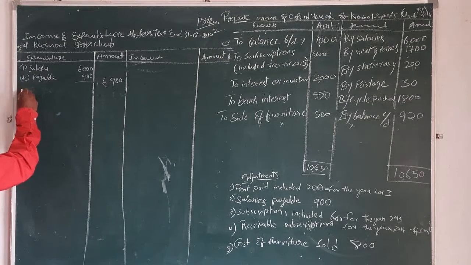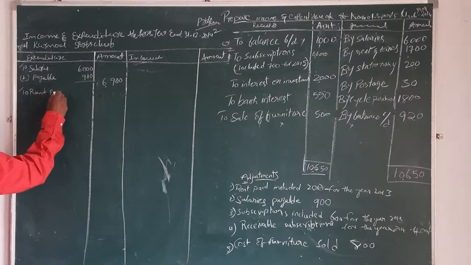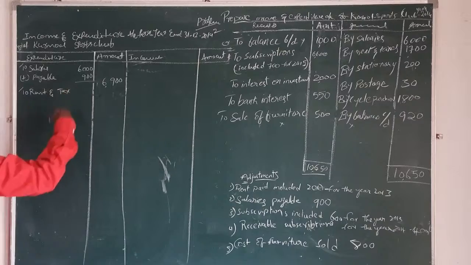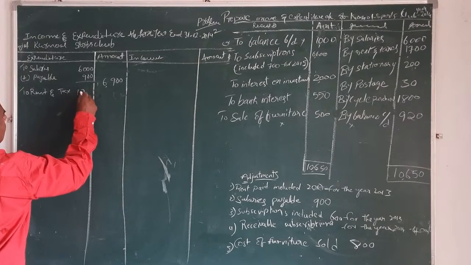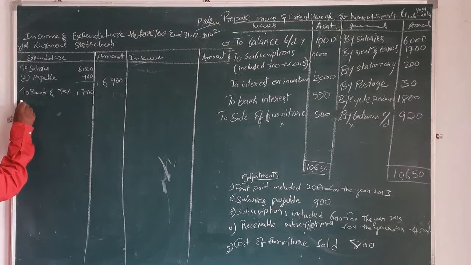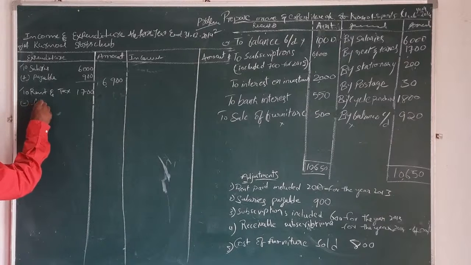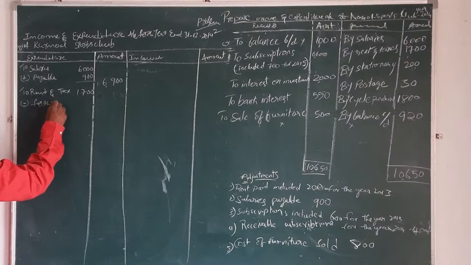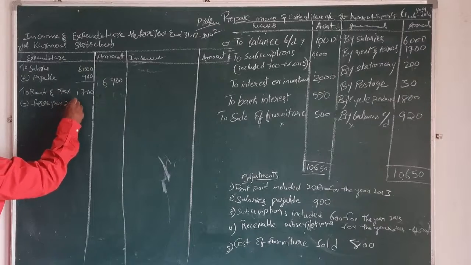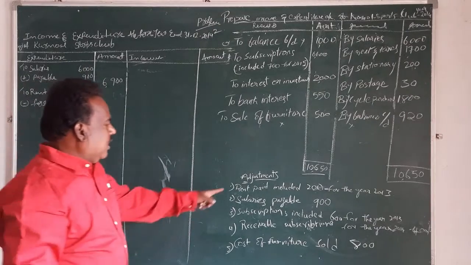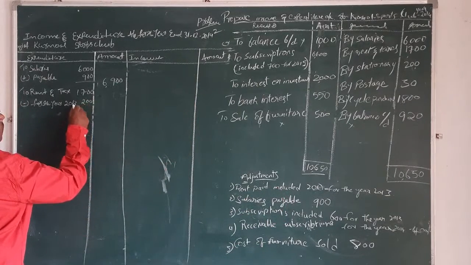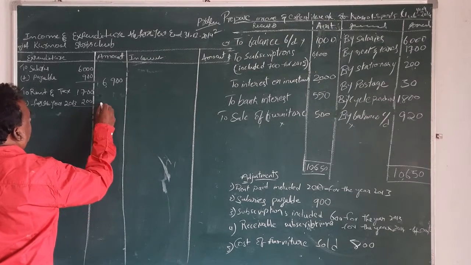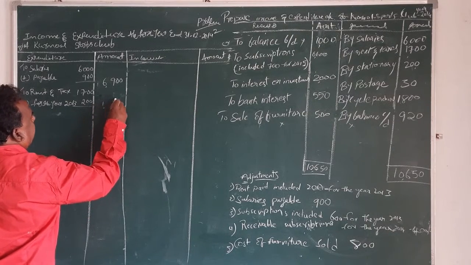To rent and taxes 1,700, minus for the year 2013 deducted 200, total 1,500.